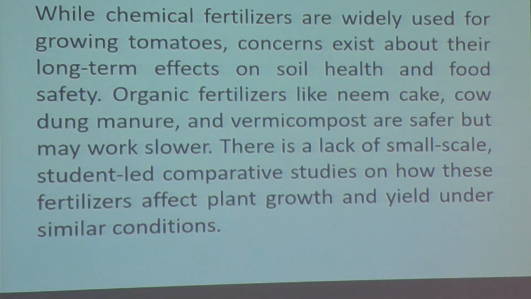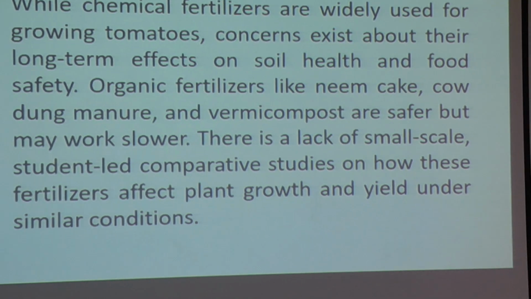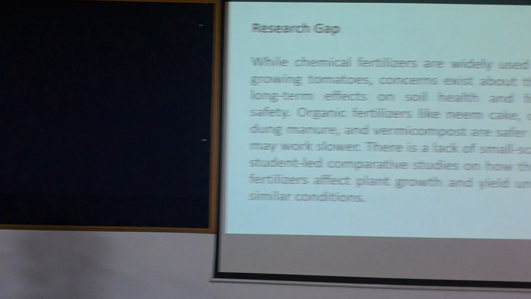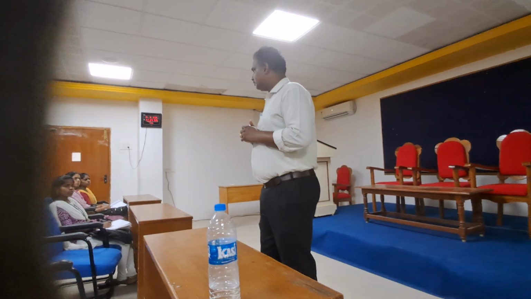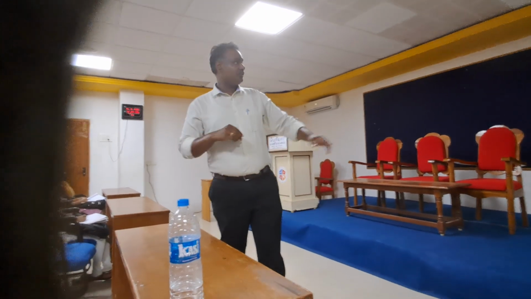See, we know that chemical fertilizers are always used for developing the growth of tomato plants, but we do not know their long-term effect on the soil and the food safety. So there is a gap in the literature.